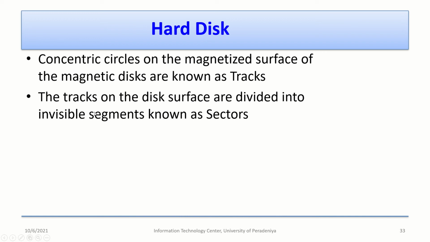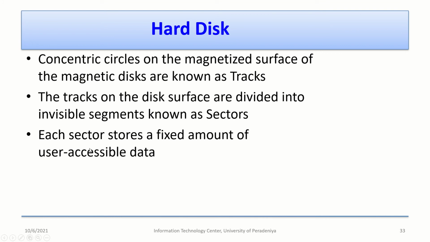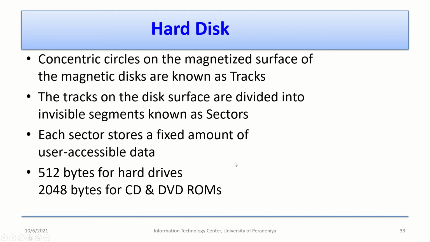The tracks on the disk surface are divided into invisible segments known as sectors. Each sector stores a fixed amount of user-accessible data, usually 512 bytes for hard drives and 2048 bytes for CD and DVD ROMs.